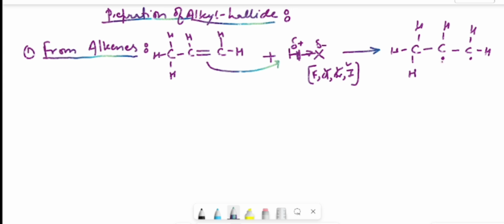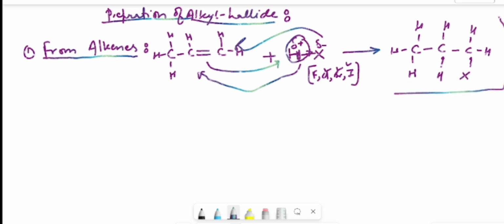To satisfy the valency, we'll give one carbon the hydrogen atom because it has a positive charge, and it will react with the negative part of the double bond, and the negative charge will react with the positive part of the double bond. Here will come the X, or we can say the halogen. So here we will get the product, the alkyl halide.